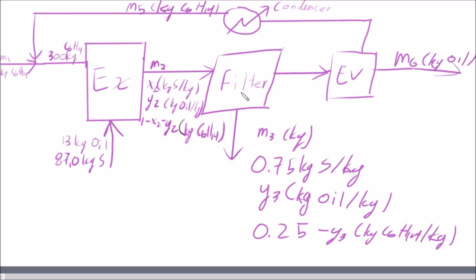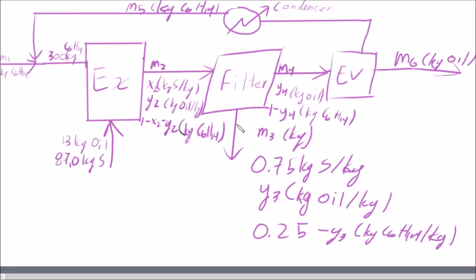You're going to filter out some of the solid bean, which comes out here, and the rest, oil and C6H14, continues through the process to the evaporator. The evaporator nicely gets rid of the C6H14 and spits out our desired product, bean oil.